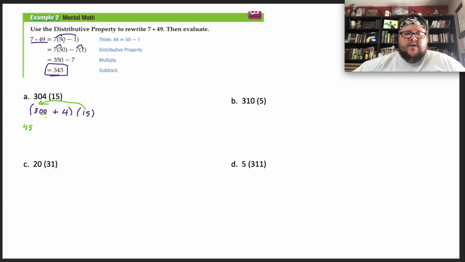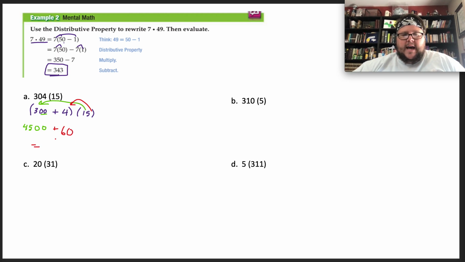And then I have 2 zeros. So I'm just going to add the zeros. So that's 4,500. And then we're going to distribute the 15 to the 4. So plus 15 times 4 is 60.